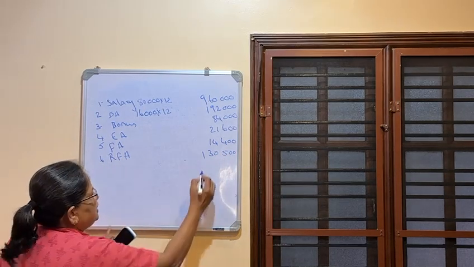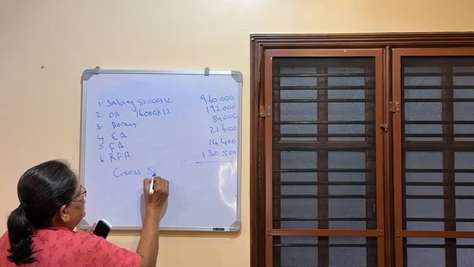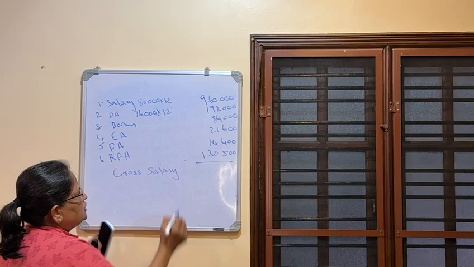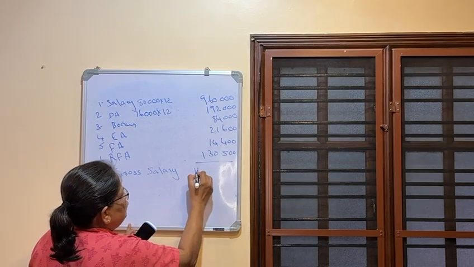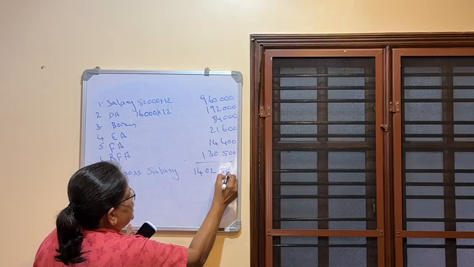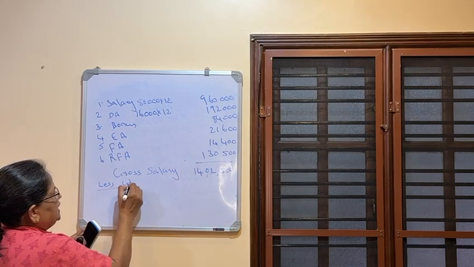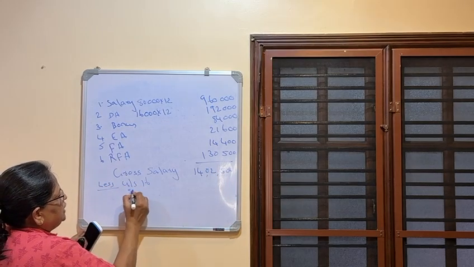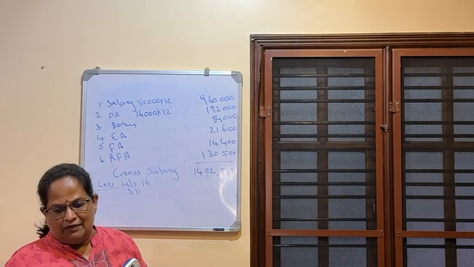Now you have to take gross salary. Gross salary, the value is 14,02,500. Now less deductions under section 16. Here it's only standard deduction. Professional tax is not there. Entertainment allowance is not there.